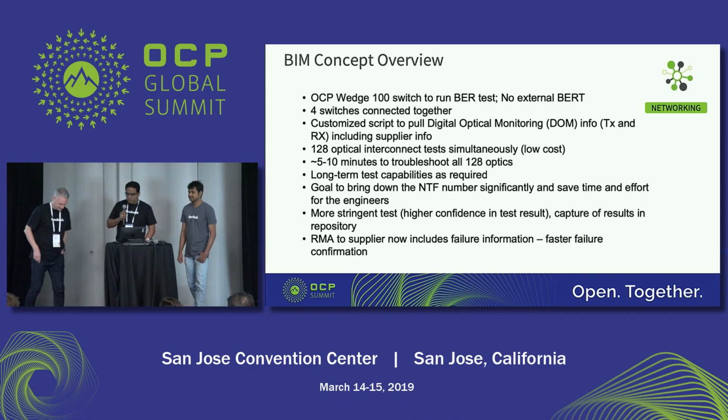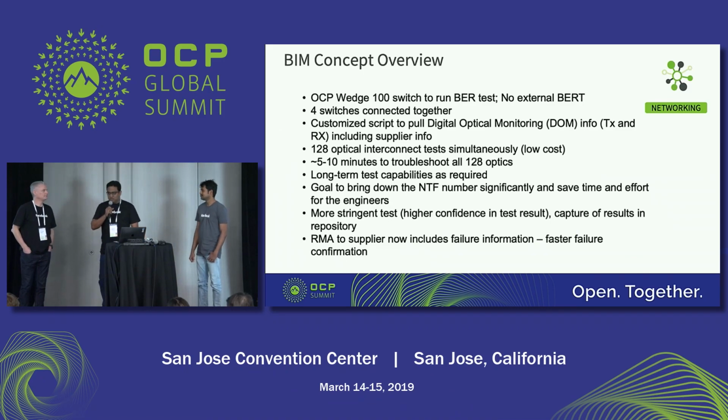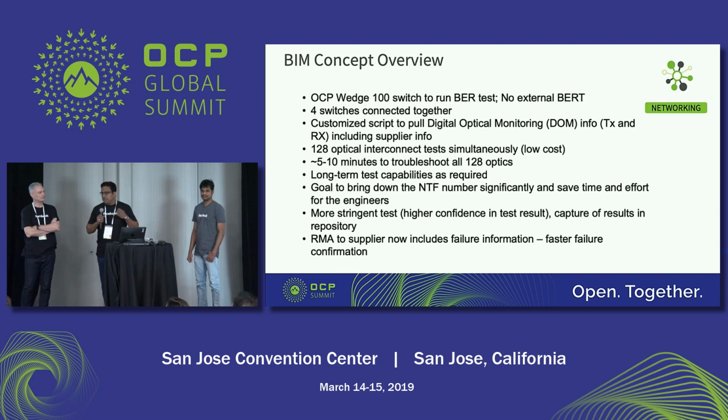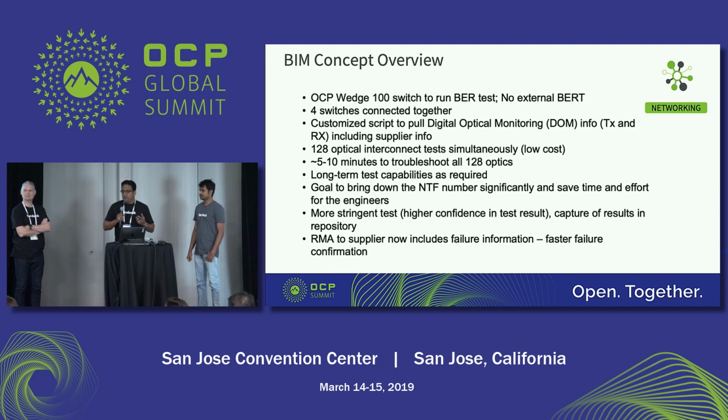All right, thank you, Eddie. My name is Abhijit Chakravarti, and I work in the manufacturing quality engineering team at Facebook. As Eddie mentioned, we have deployed approximately 1 million optics globally on the 100G CWDM4 domain. When you have this kind of volume, getting the failure parts and giving them to the supplier for RMA is very challenging, and the number is so huge.